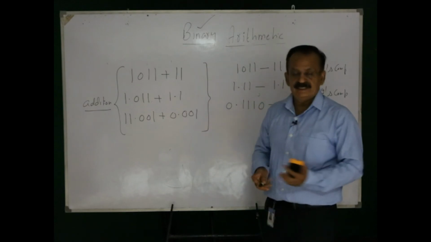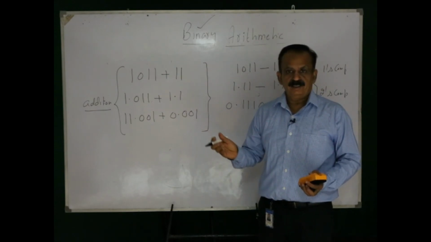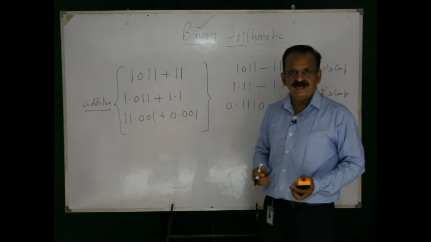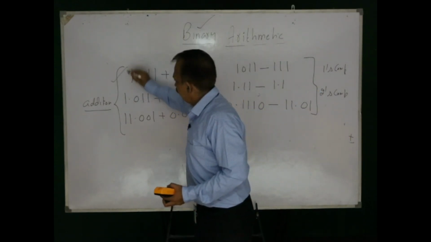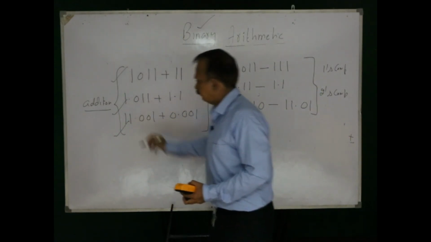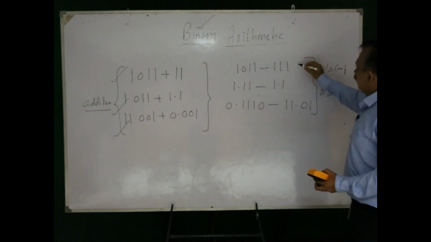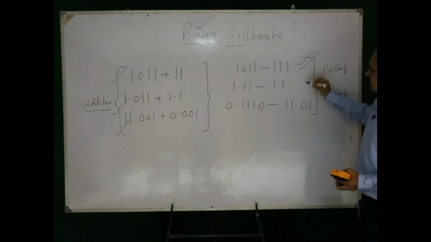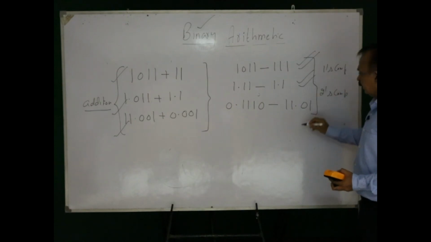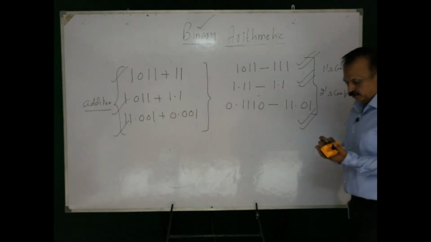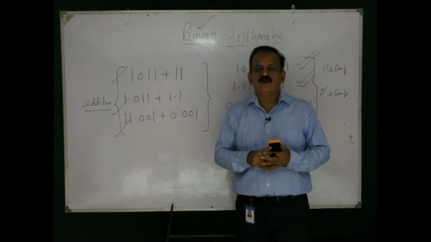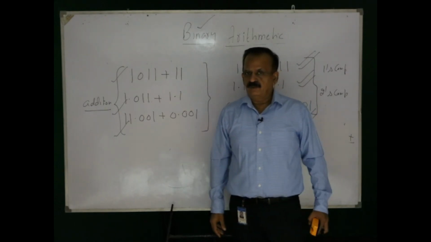And there are these nine problems to solve. I said 9 because it is 1, it is 2, it is 3, and each is solved by 1's and 2's complement, by 1's and 2's complement, by 1's and 2's complement, right? So 9 problems. Thank you very much.